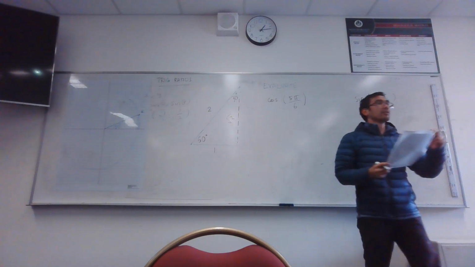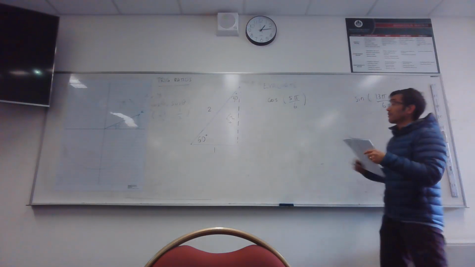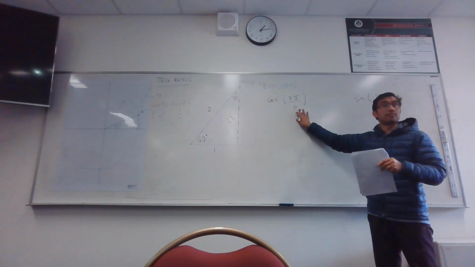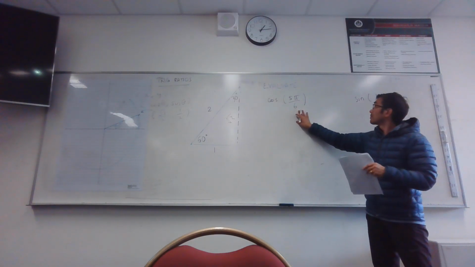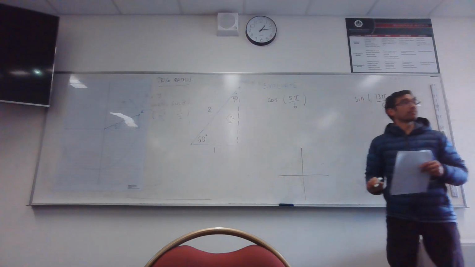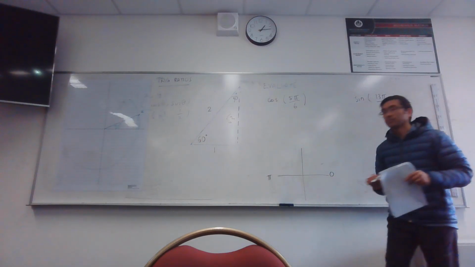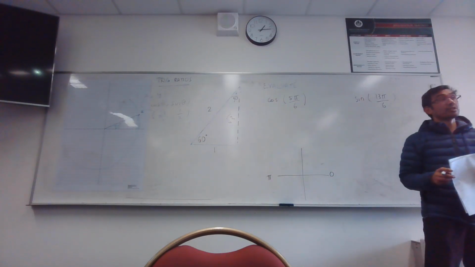I've got 2 here. What's my reference angle if it's pi on 6? Which quadrant? If this is pi and this is 0. Quadrant 2.